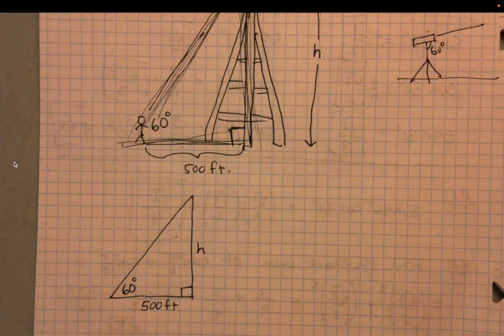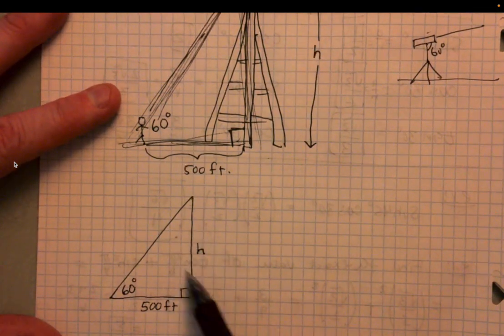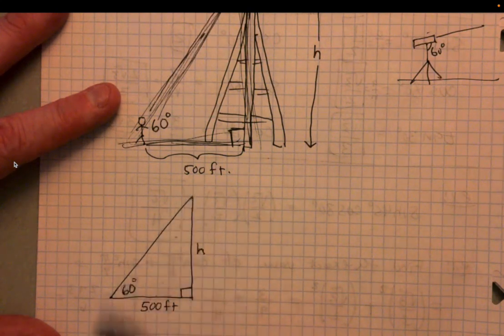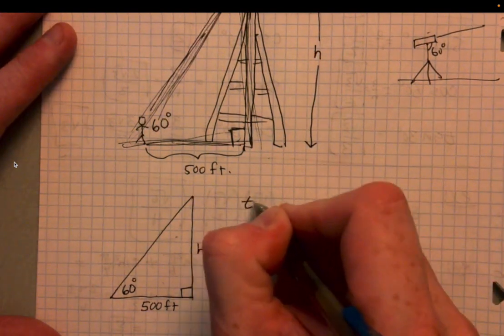This can be solved very simply using basic trigonometry that we've learned. Which of the trig functions can we use to create an equation that includes this leg and this other leg? The hypotenuse is not important at this point. The two legs are what we're interested in. So we know that the tangent can be used.